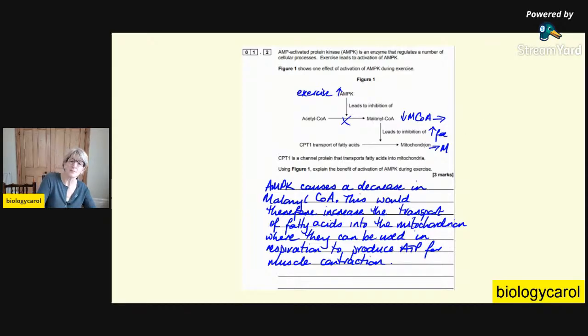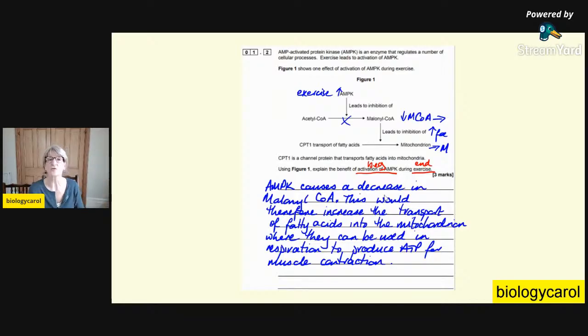Now, here's the key. Just reminding myself, activation is the beginning of the question and exercise is the end of the question. So I'm starting off by saying the activation of AMPK causes a decrease. That is the start of the story of my answer.